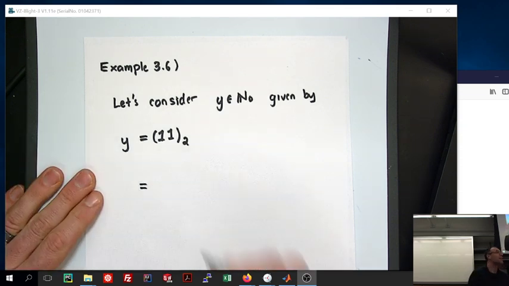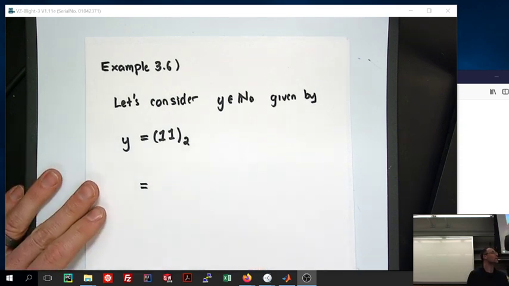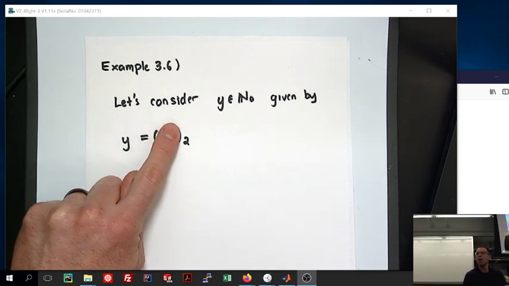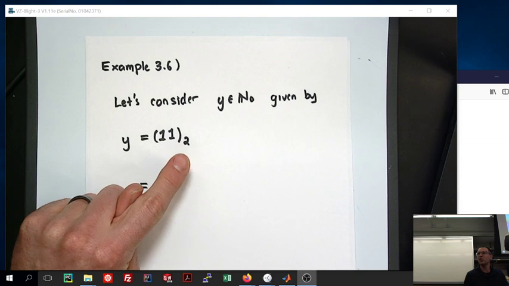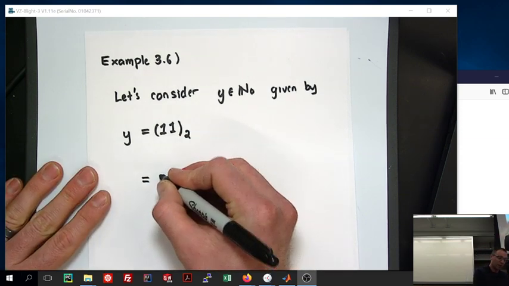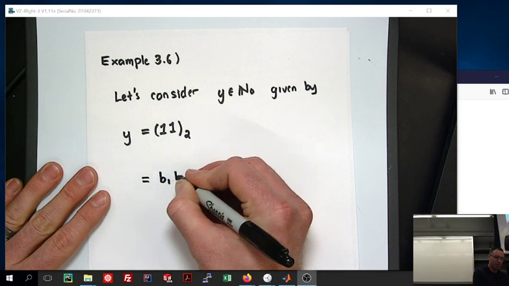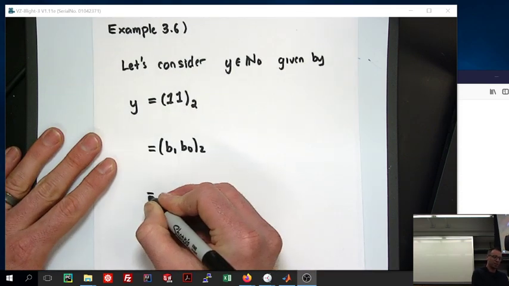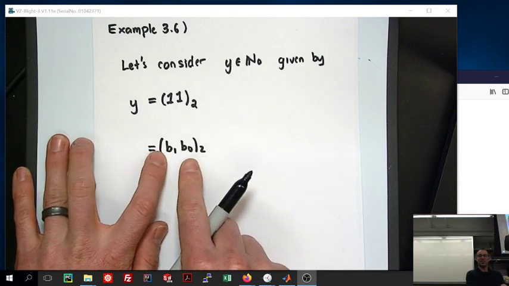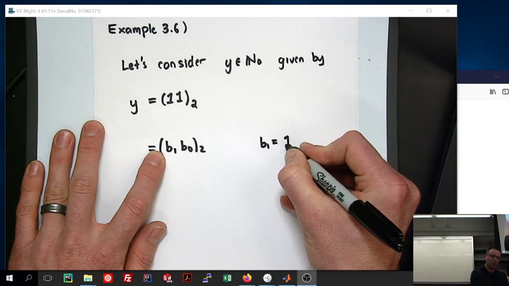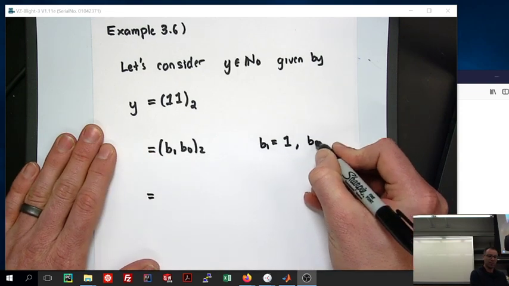What did 11 mean in decimal? It meant 1 times the radix raised to the first plus 1 times the radix raised to the 0, right? So why don't we go B1, B0, just to get our heads around this notation. Though that's the string of decimal digits, what was B1 in this case? 1. What was B0?